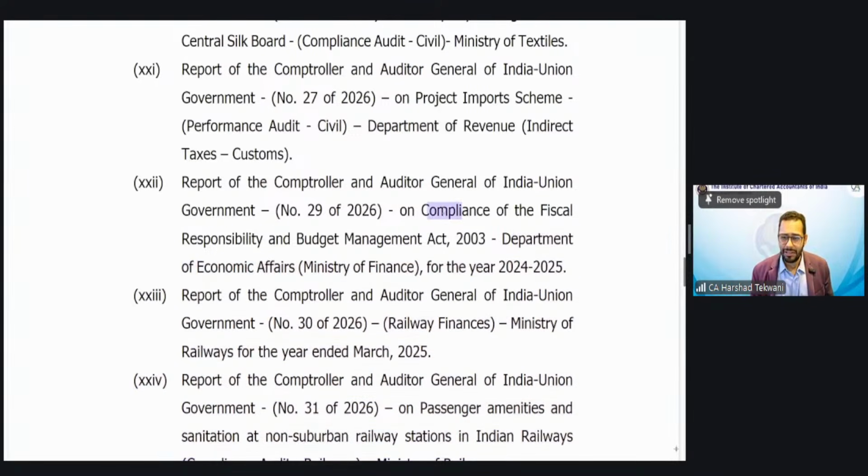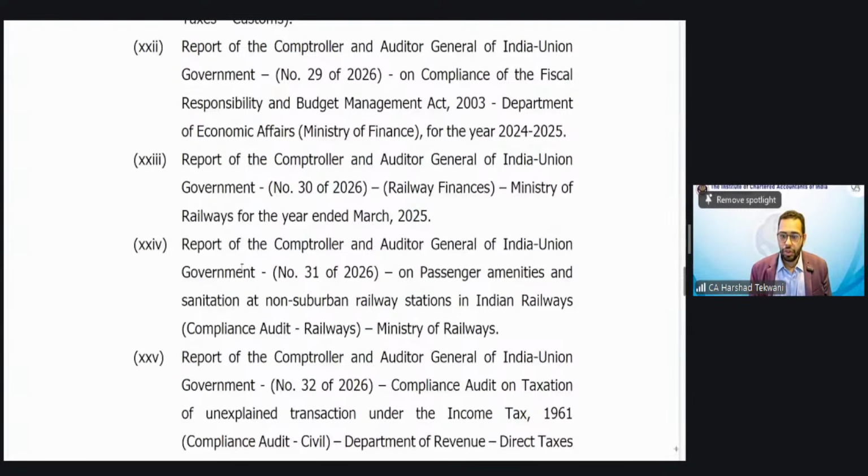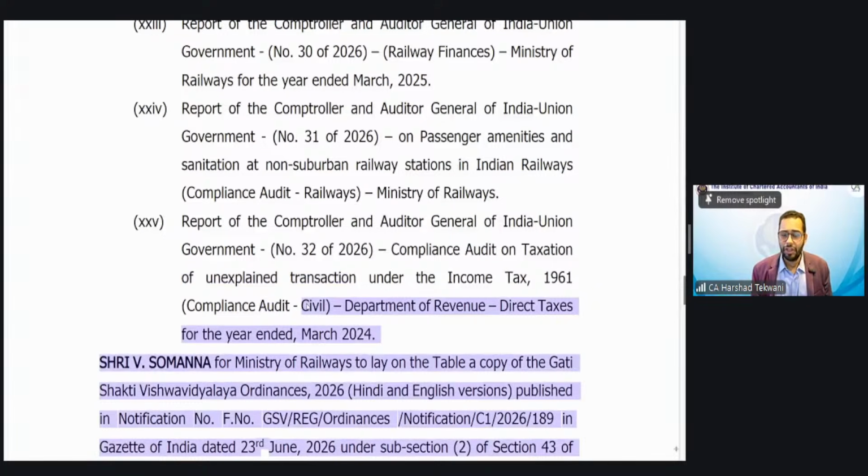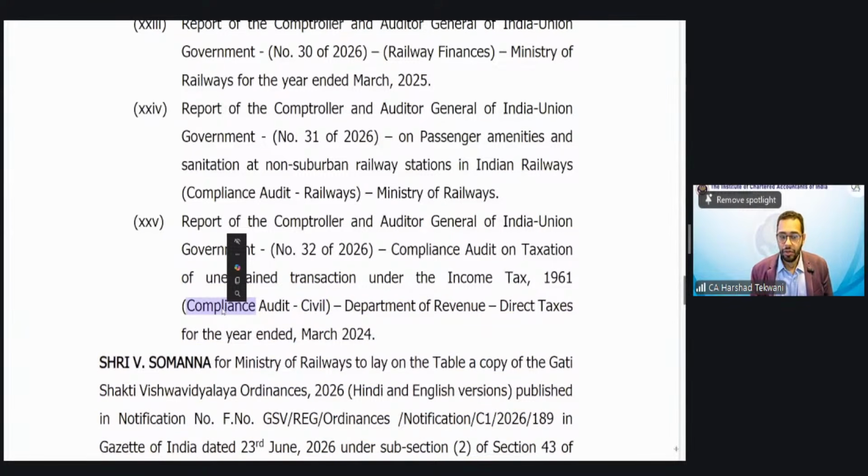So we are talking about compliance with this particular act, audit under this particular act. For example, this report of CAG on compliance audit on taxation of unexplained transactions. Again, compliance audit civil.